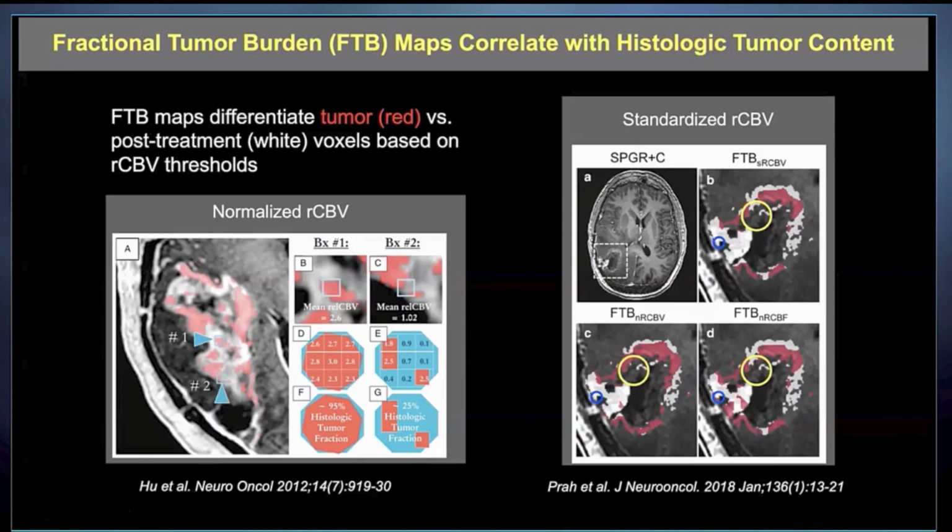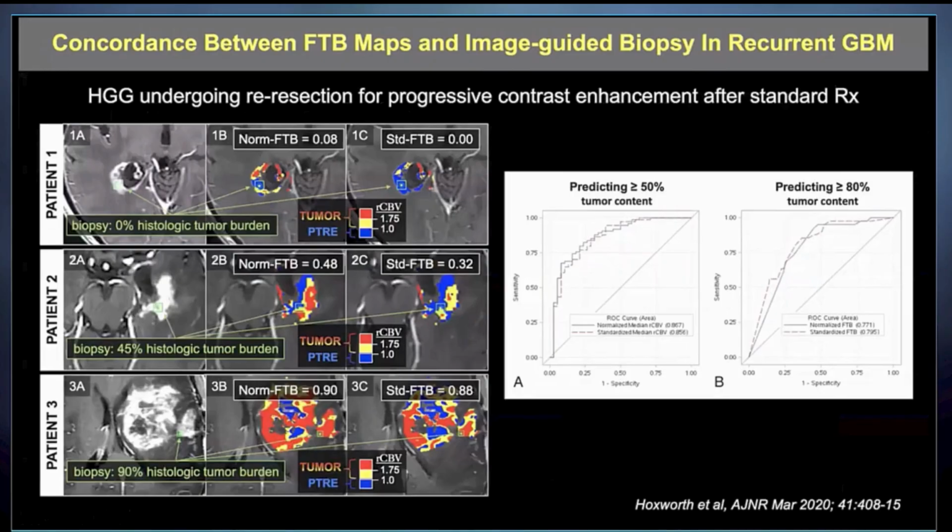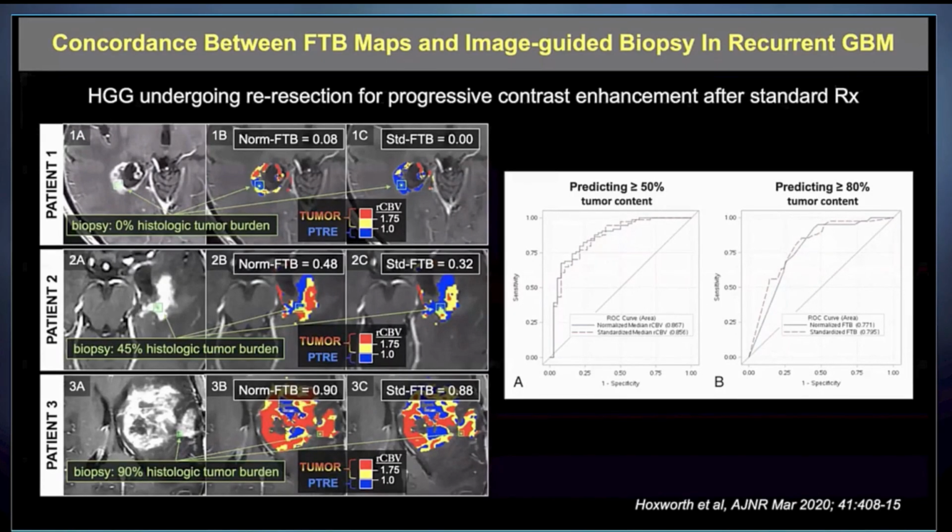So you can use either type of rCBV value to create these FTB maps, again a simplification based on thresholding to visualize the heterogeneity. Our group then did a comparison study of normalized FTB and standardized FTB, and we found fairly equivalent clinical performance for either one, showing that you could go with either depending on how it fits your clinical practice and your comfort level.